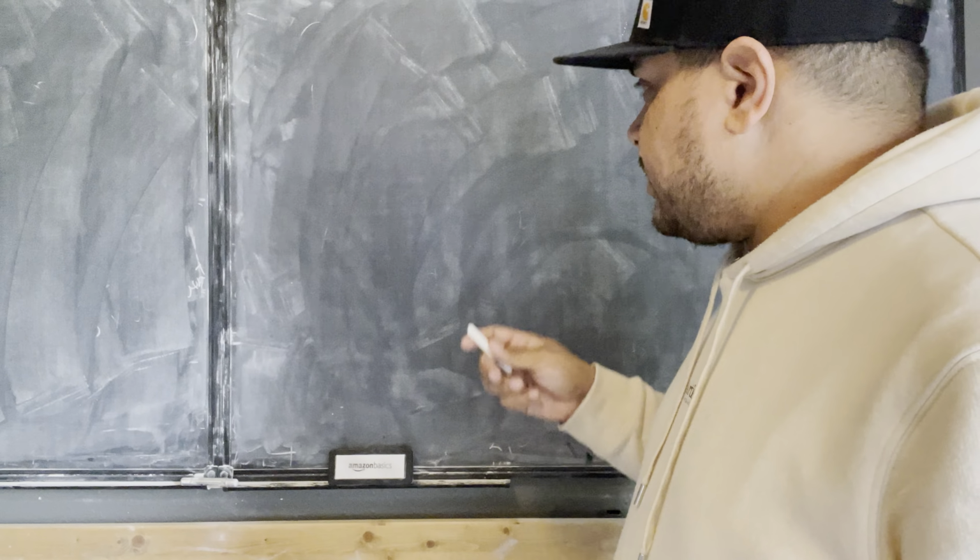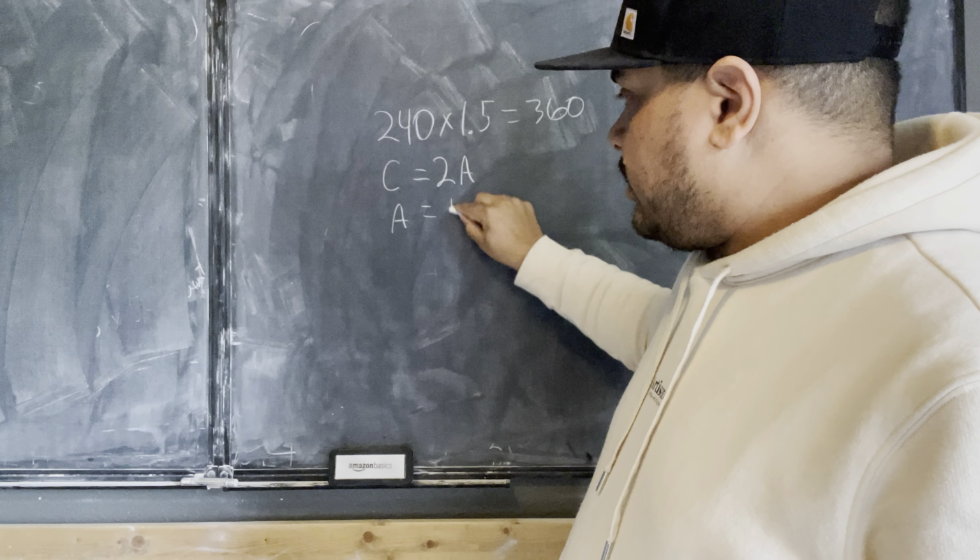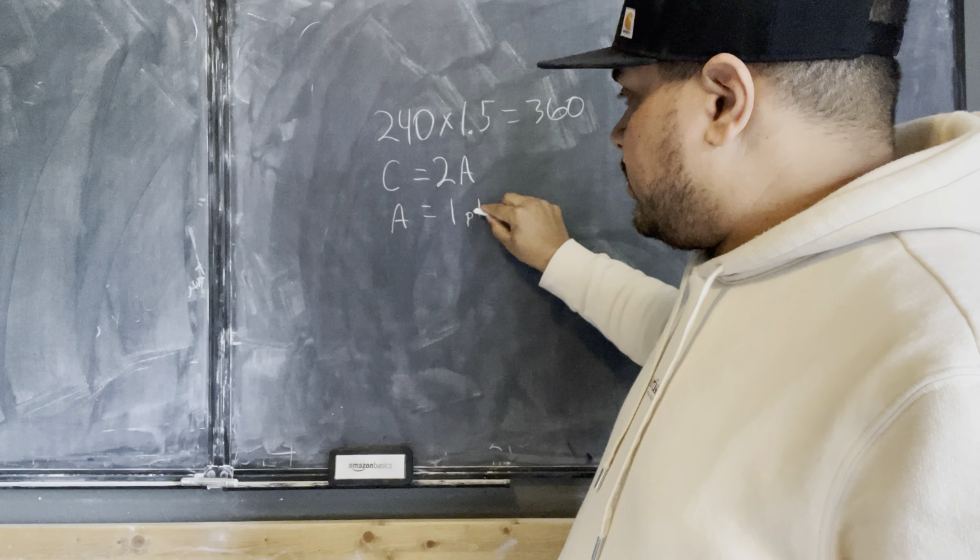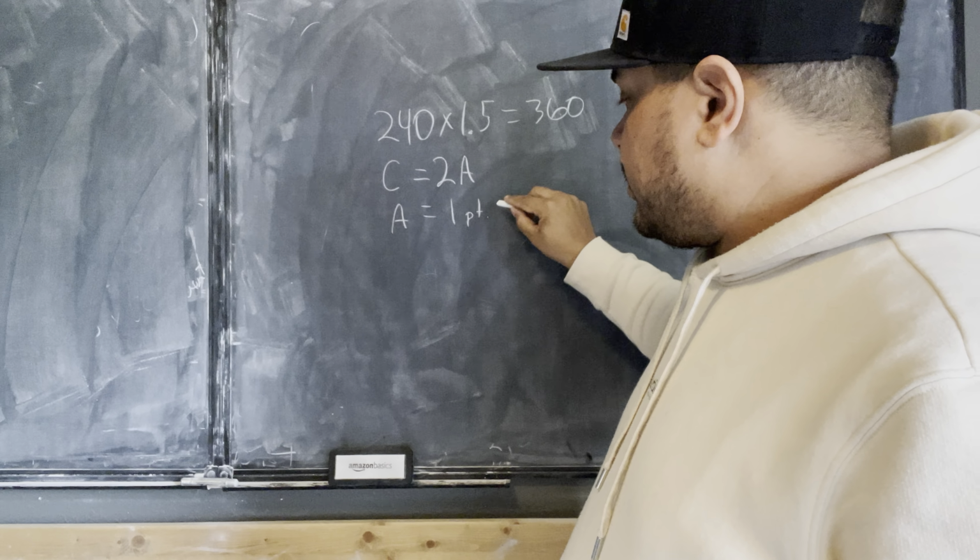Then we took the craftsman level, and we said the craftsman is equal to 2A, and that the apprentice is able to produce 1 point per hour, which means that the craftsman would be able to produce 2 points per hour.